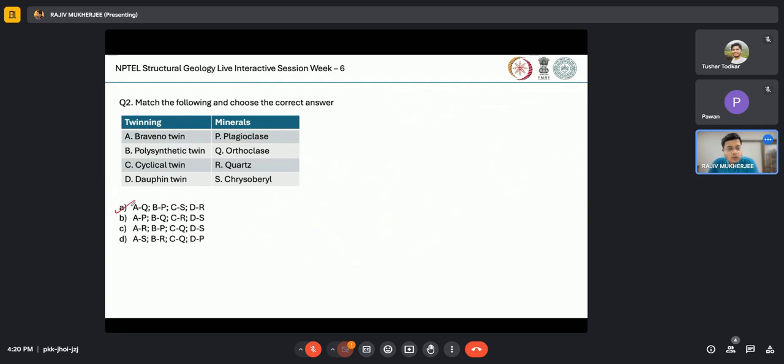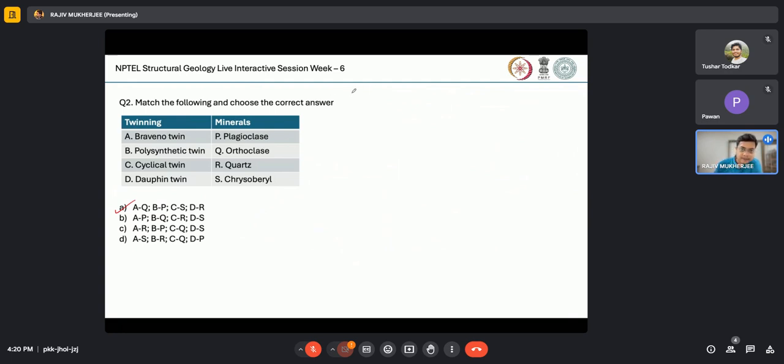Now the thing is, what kind of twins are these? Braveno twin, polysynthetic twin, cyclical twin, these kinds of twins are contact twins.